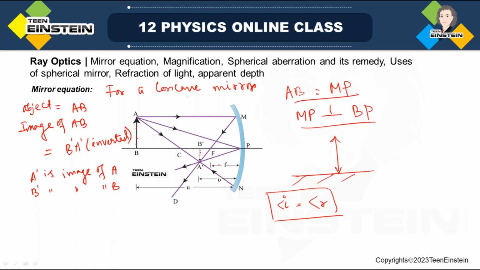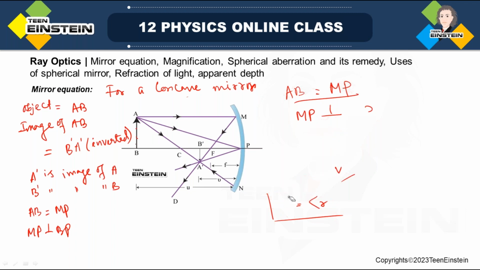So that's how we get the image. Okay, so far it is fine. Keeping these points here on the left hand side, AB could be written as MP. Again, MP is perpendicular to BP. So these points I'm just considering.